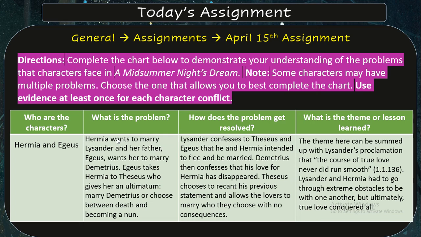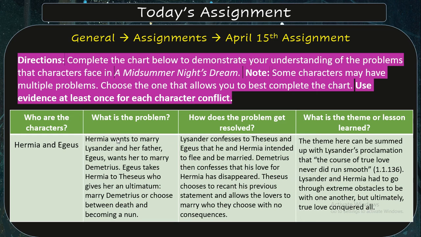Our resolution comes when Demetrius then confesses that his love for Hermia has disappeared. So Theseus chooses to recant his previous statement and allows the lovers to marry who they choose with no consequences. That's our resolution there: once Demetrius says he no longer loves Hermia, Theseus then decides that Hermia can marry who she chooses, because there's no point in marrying Demetrius if he does not love her and she does not love him.